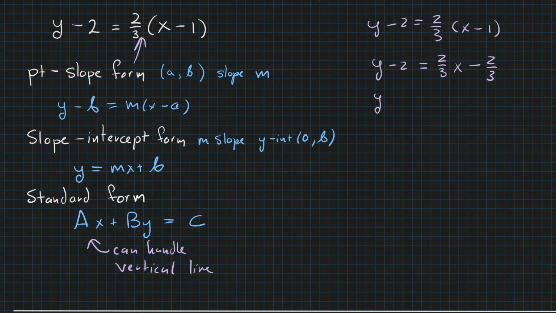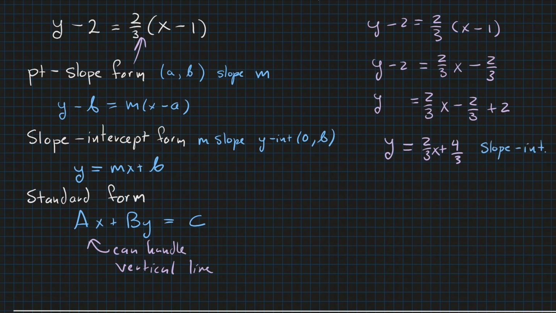So I get y is equal to 2/3 x minus 2/3 plus 2. So now we just need to simplify that minus 2/3 plus 2. Well, that's 4/3. So we get y is equal to 2/3 x plus 4/3. So this is now our slope-intercept form.